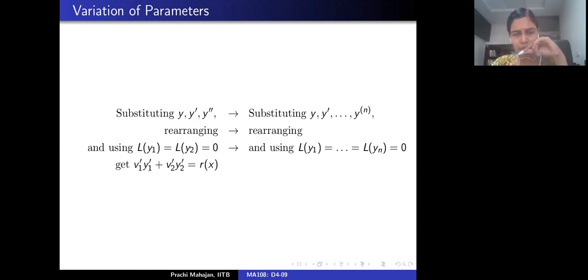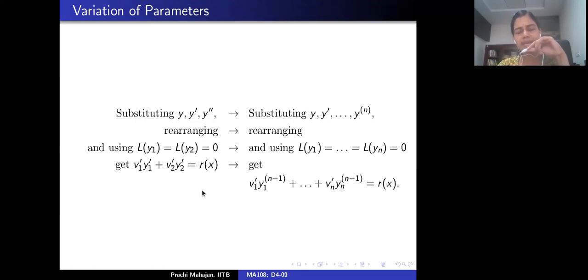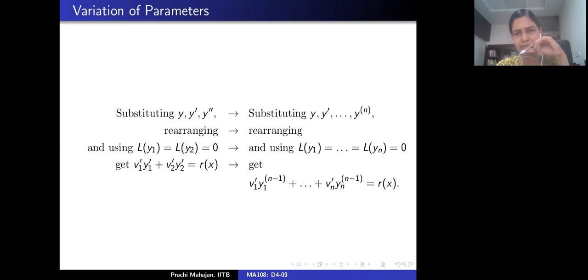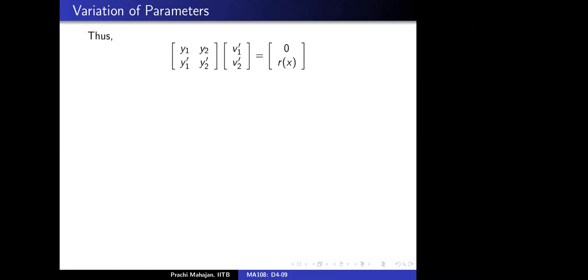If you substitute this in the non-homogeneous equation, in the order 2 case we had gotten this; in the order n case you would get the following: the derivative of v1 times the n minus 1th derivative of y1 plus the derivative of v2 times the n minus 1th derivative of y2, all the way till the first derivative of vn times the n minus 1th derivative of yn, is equal to r.